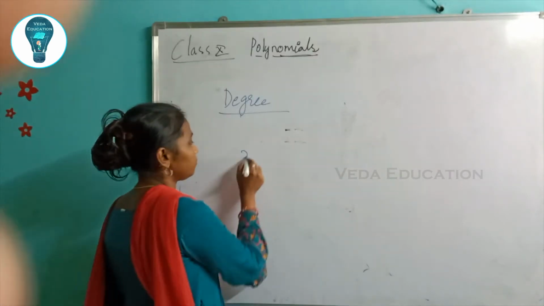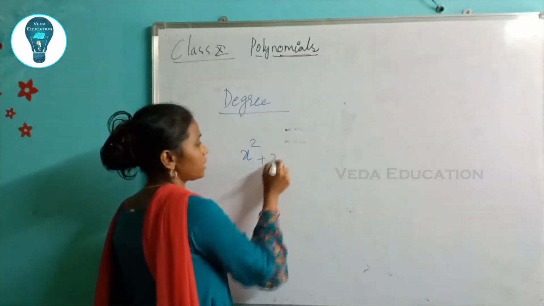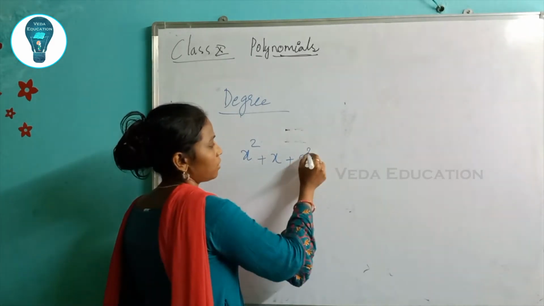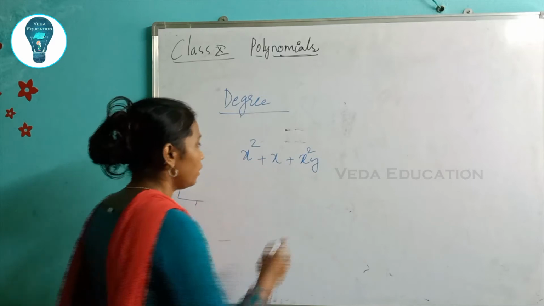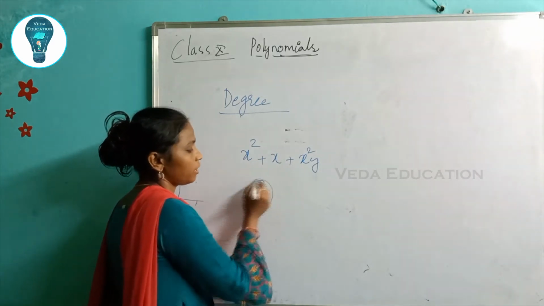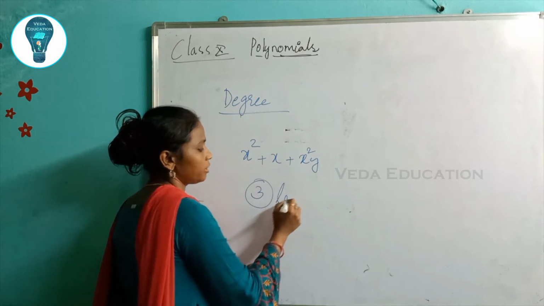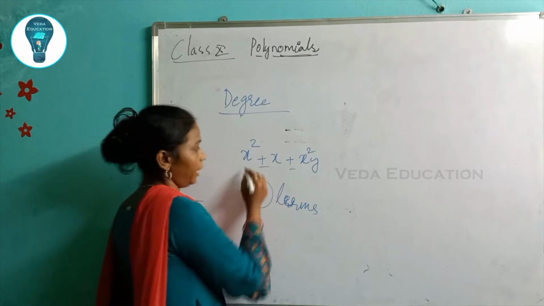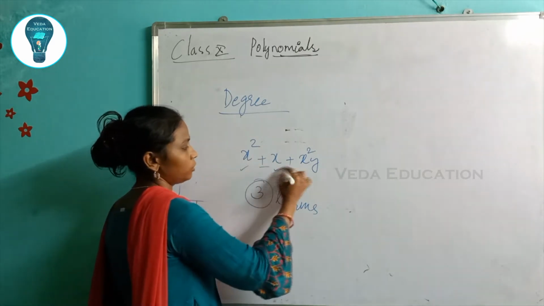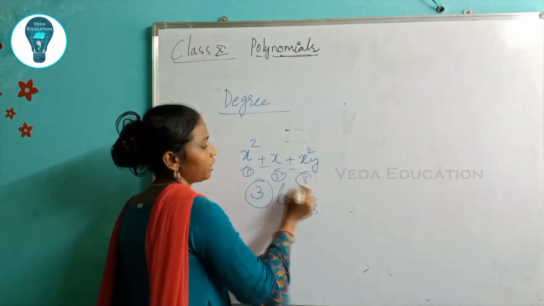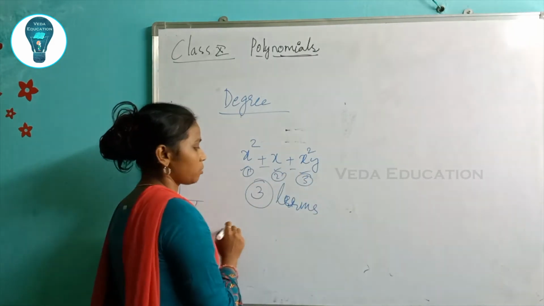Look at here, x square plus x square y. Now here how many terms are involved? 3 terms. How can you say these are 3 terms? Look at here, the plus signs are 2 and how many terms are involved in between? 1, 2, 3. Got it? So here 3 terms are involved and 3 terms are connected in this algebraic expression.